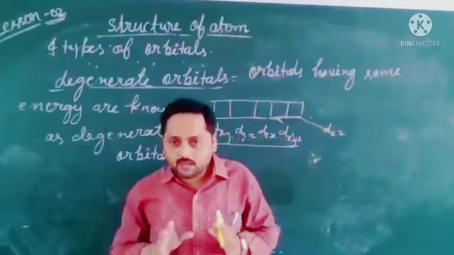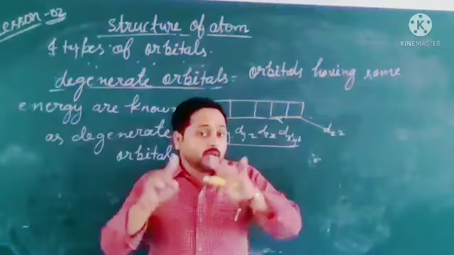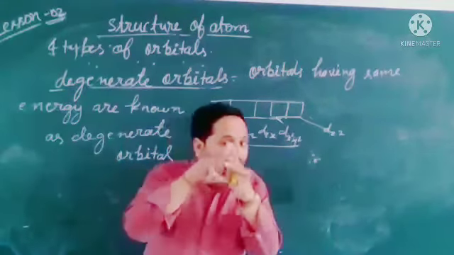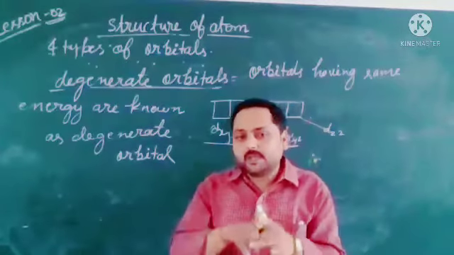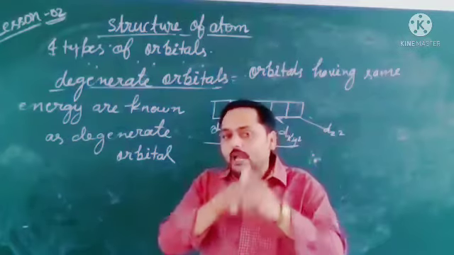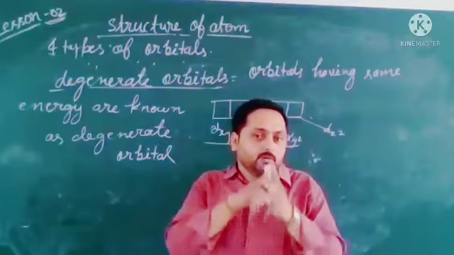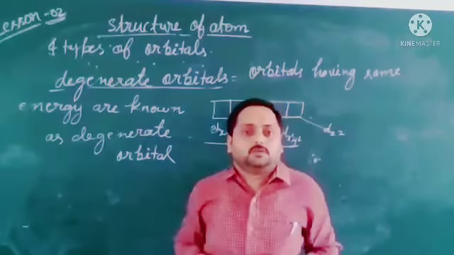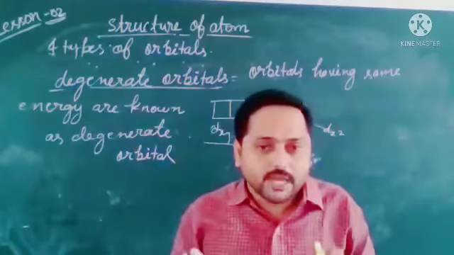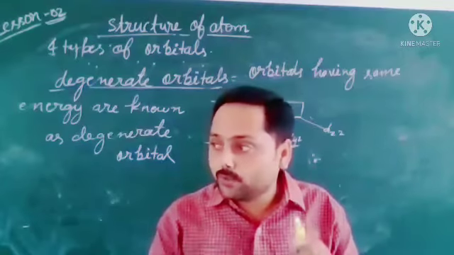A node is the three-dimensional area in the orbital in which the probability of finding electron is minimum.